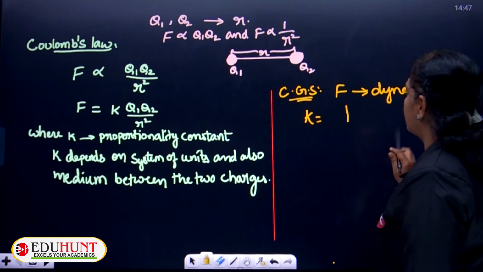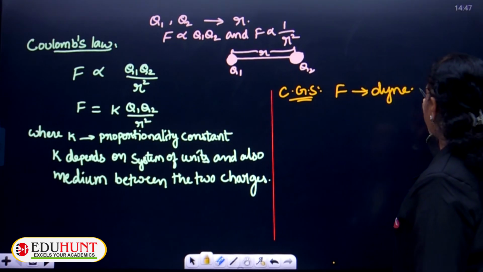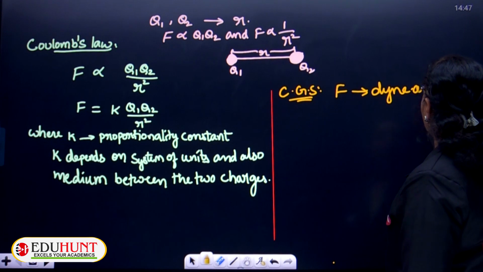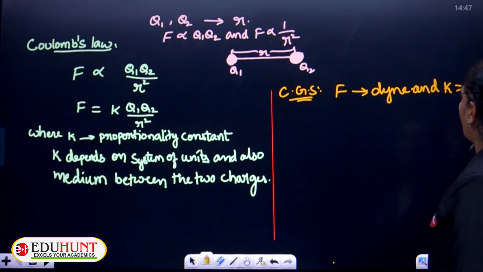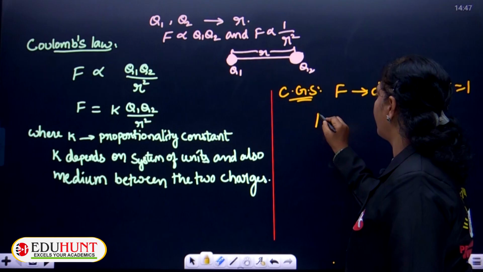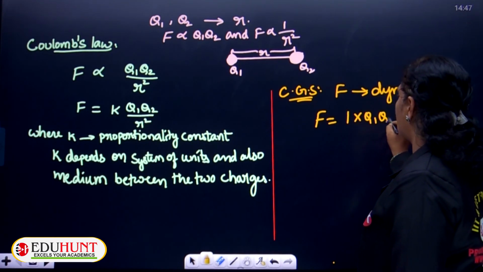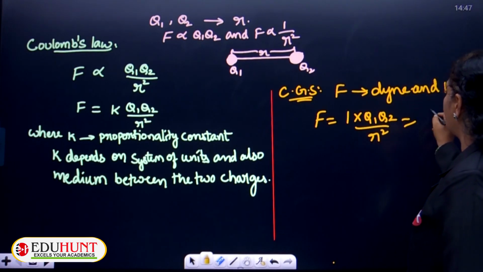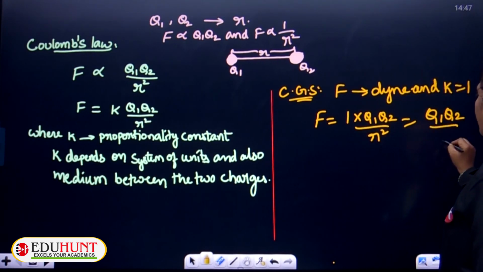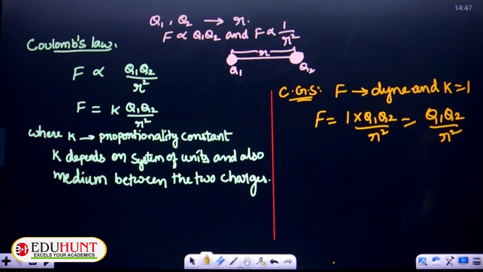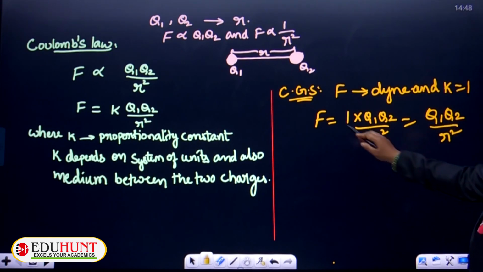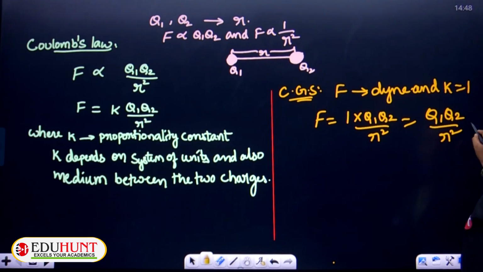So in the CGS system, if F is measured in dynes, the value of K is nothing but 1. As a result, F is equal to 1 times Q1 Q2 by R square, or simply Q1 Q2 by R square. So in the CGS system, the value of F is directly taken as Q1 Q2 by R square, and it is measured in dynes.